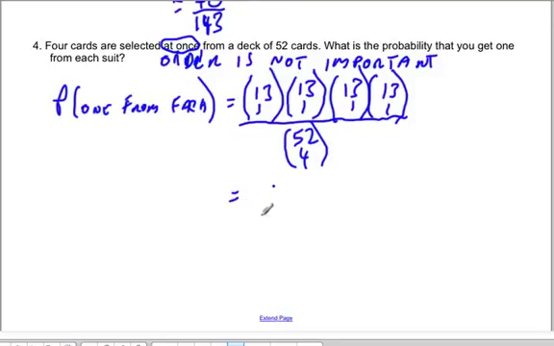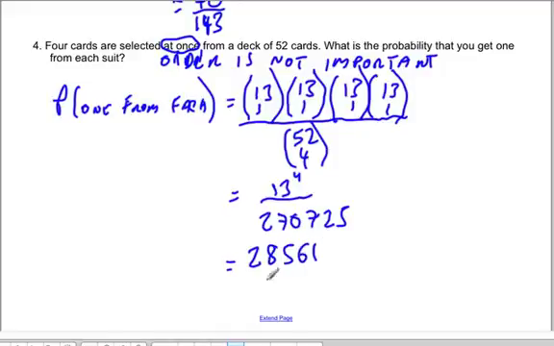So this is going to be 13 to the power of 4, divided by 270,725 ways we could choose 4 cards out of the deck of 52. And that reduces to 28,561 over 270,725. Sorry, that does not reduce.